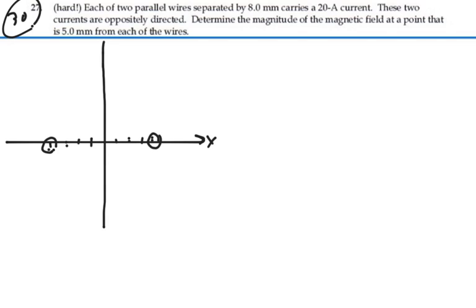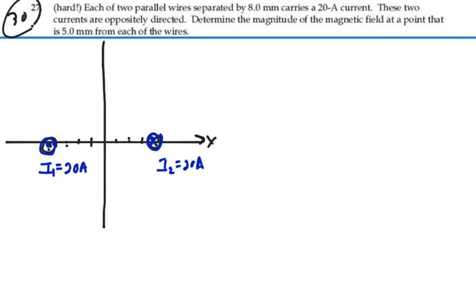We have them oppositely directed, so I'll have this first one coming out of the page and the second one going into the page. We'll call this first one I1 with a current of 20 amps, and I2 is also 20 amps. Okay. We want to find the magnitude of the magnetic field at a point that is 5 millimeters from each of the wires.